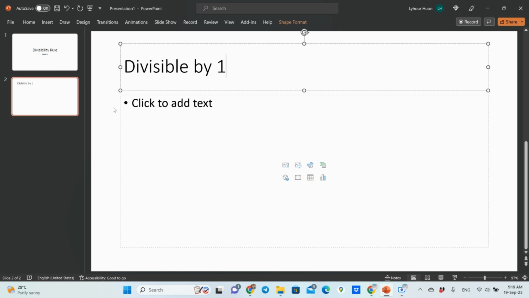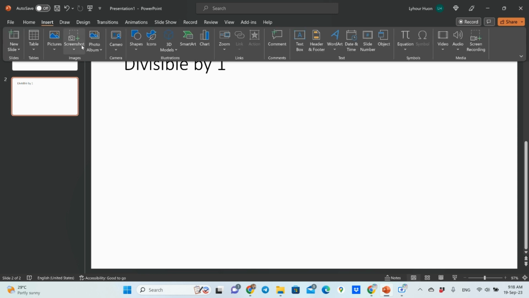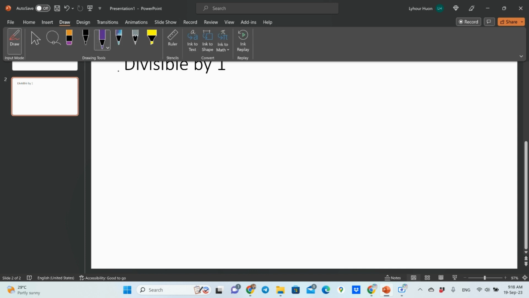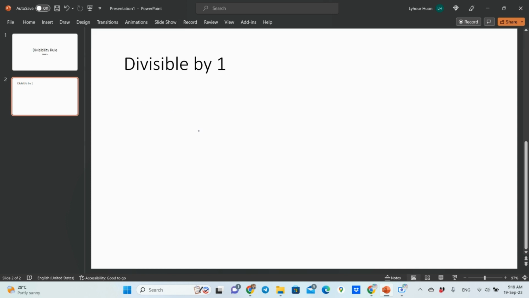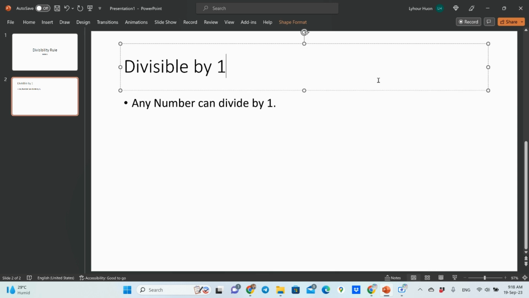So first of all, divisible by 1. Any number is divisible by 1, and the result is just the same number again. Any number can be divided by 1.